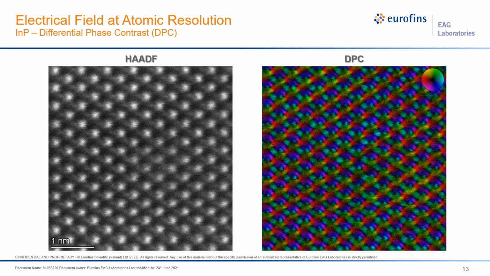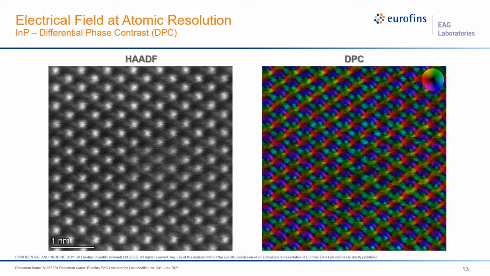And so yet another type of detection scheme is something called differential phase contrast. In this case, we're using a detector that's actually segmented, so we can leverage the different segments of the detector, and we can learn something new about the material. In this case, we can map out the electric fields within the sample. This is an example of looking at indium phosphide at the atomic level.